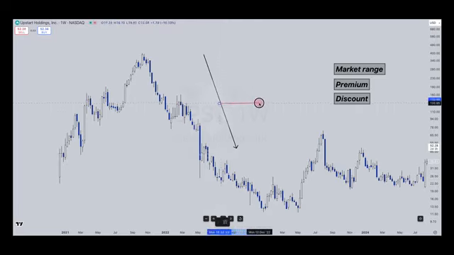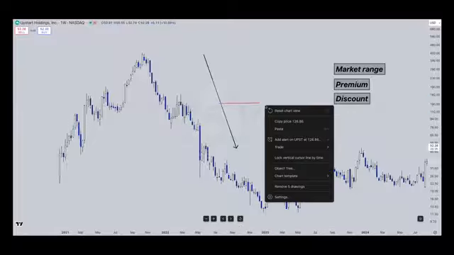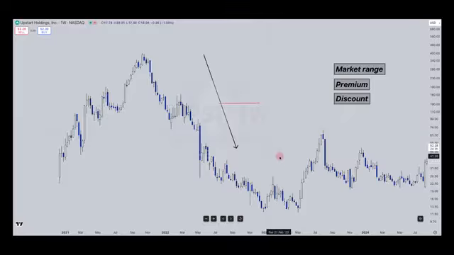I think that's a good point to draw equilibrium, guys. So if this was the range created, then our equilibrium will be somewhere here in the middle. 50%.